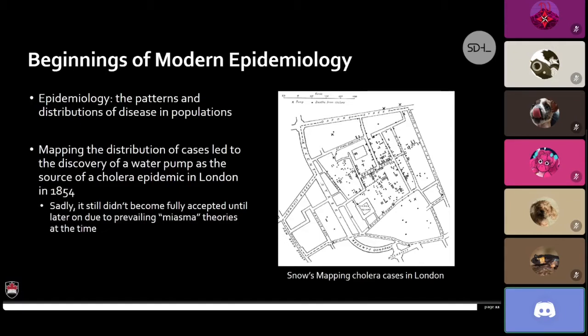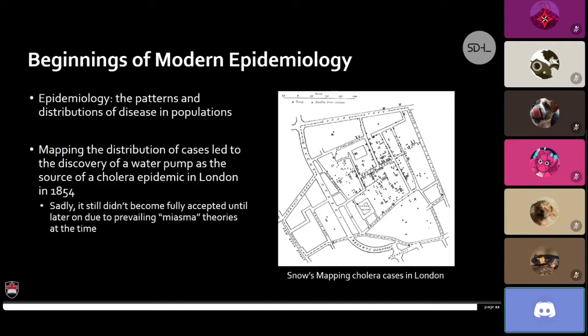But at the time, it was thought to be transmitted by dirty air, which is known as the miasma theory. But what he did was identify a pattern of cases clustering around a water pump that most individuals in this area got their water from. And after chlorinating this pump and cleaning it, the outbreak eventually subsided.